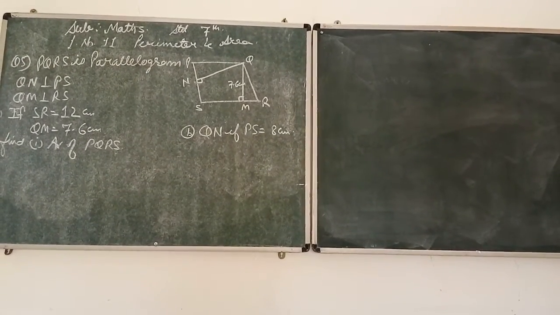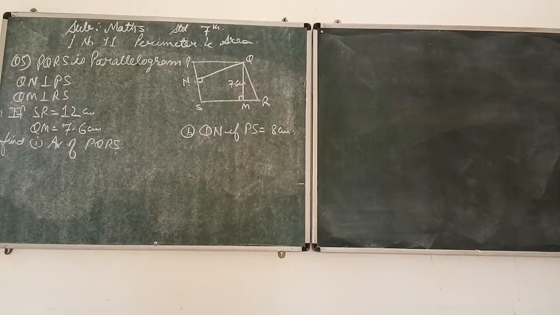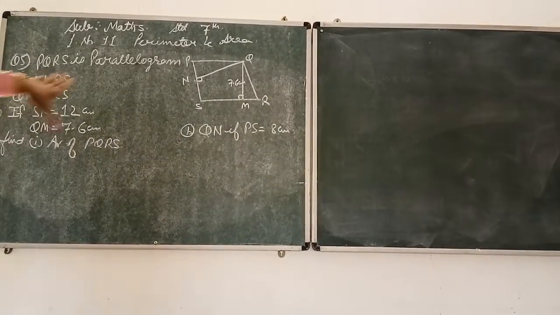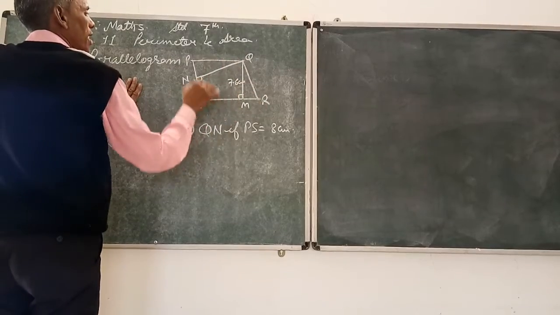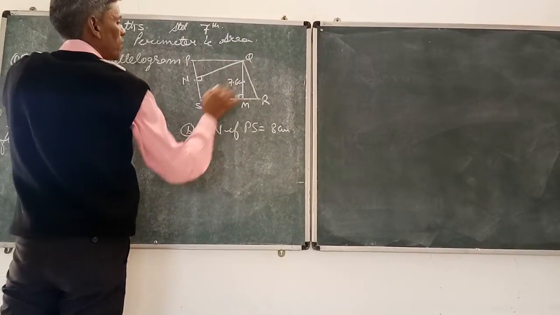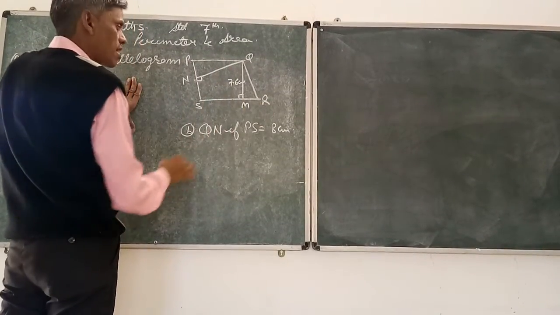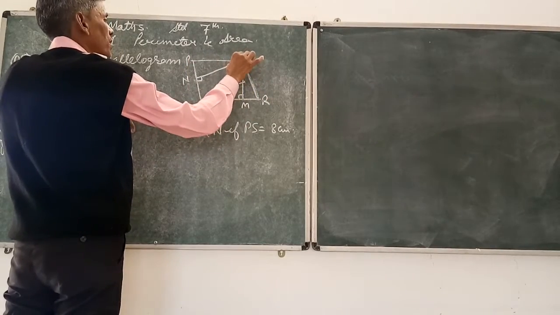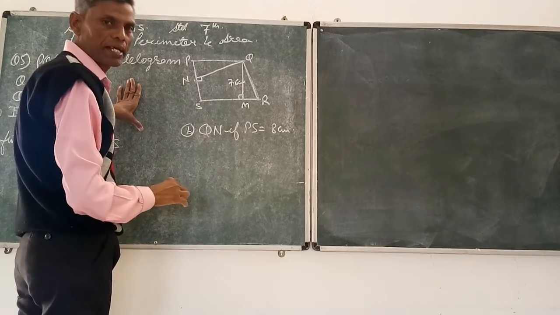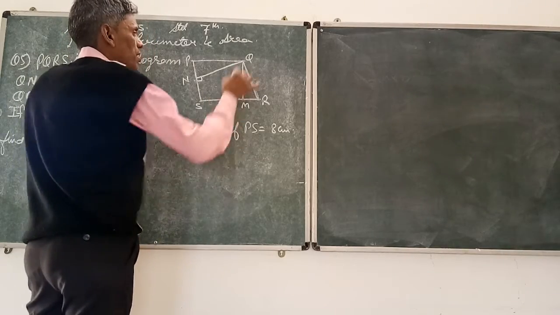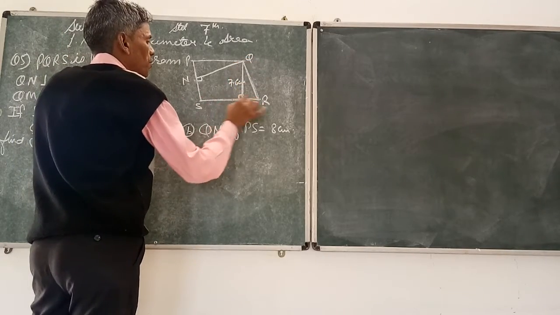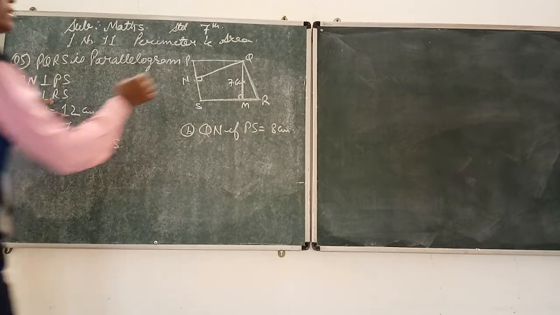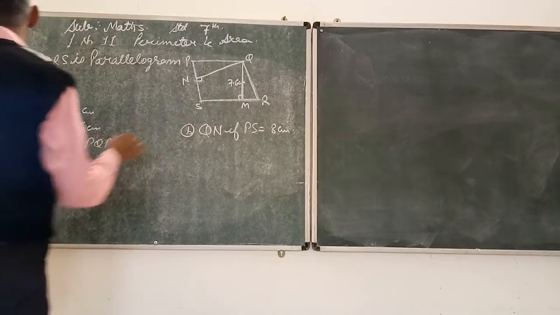Now students, question number 5. If you see this, PQRS is a parallelogram. That means PQ is parallel to RS, and PS is parallel to QR. Two altitudes are given with vertex Q, that means heights are given. QM is perpendicular to SR, and QN is perpendicular to PS.